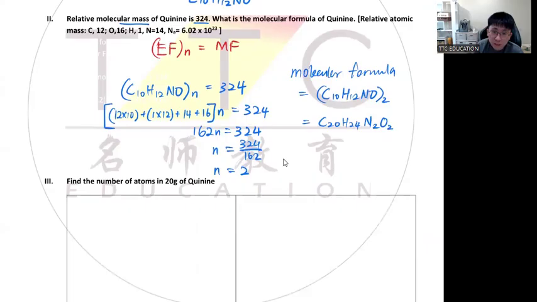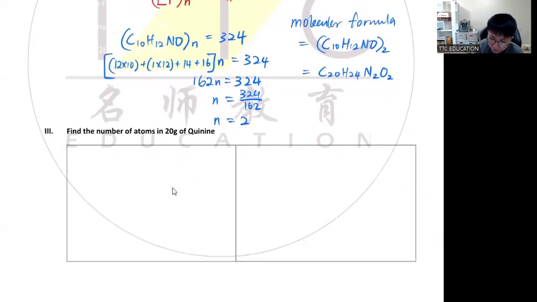Okay, all good. So next one, find the number of atoms in 20 gram of quinine.